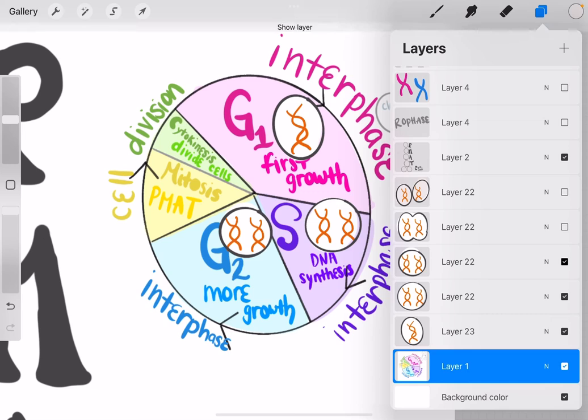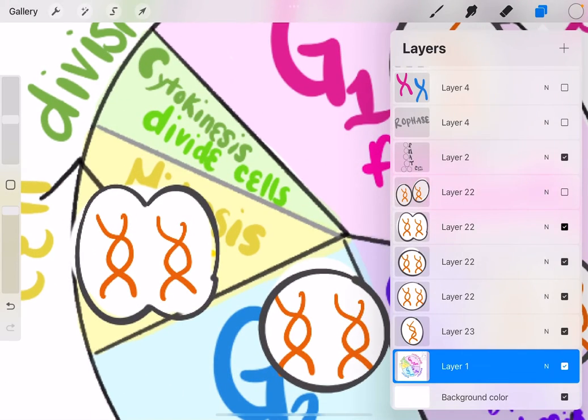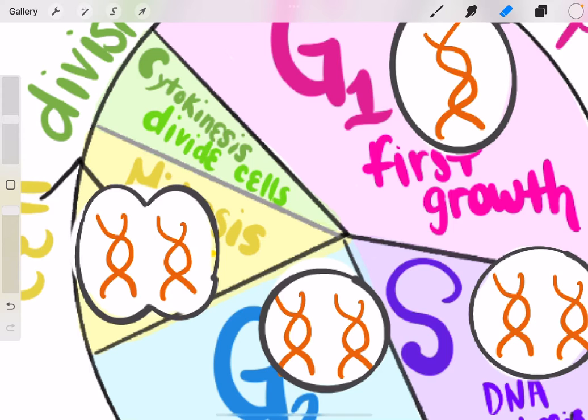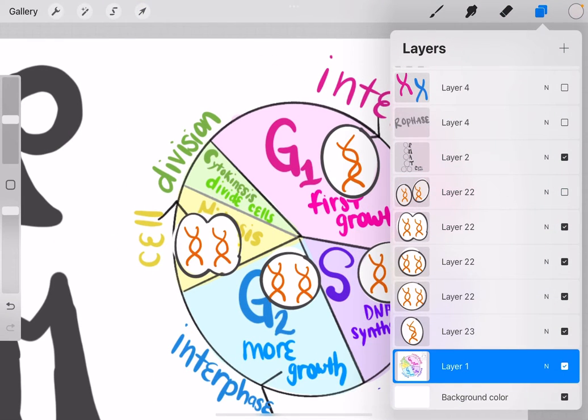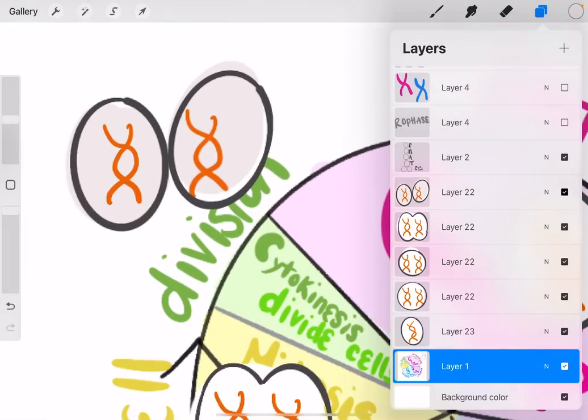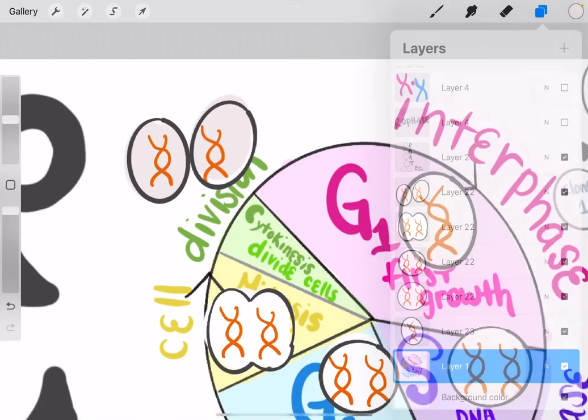In G2, we still have 2 copies. In the beginning of mitosis, we still have 2 copies. I showed that the cell is starting to break up into 2 pieces, so we're starting to see those 2 new nuclei form. And then ultimately in cytokinesis, we end up with 2 cells, each of them getting identical copies.